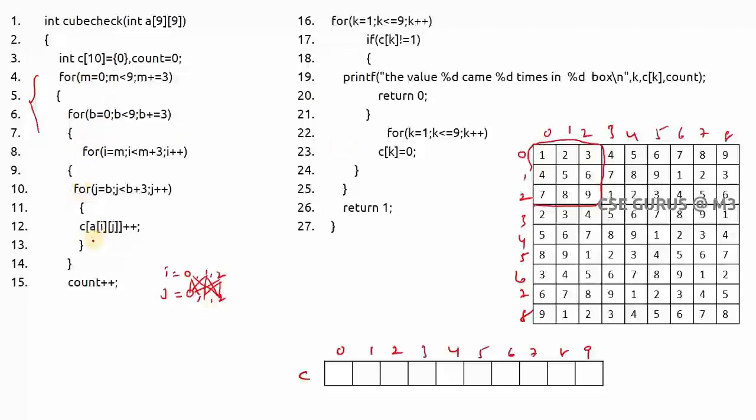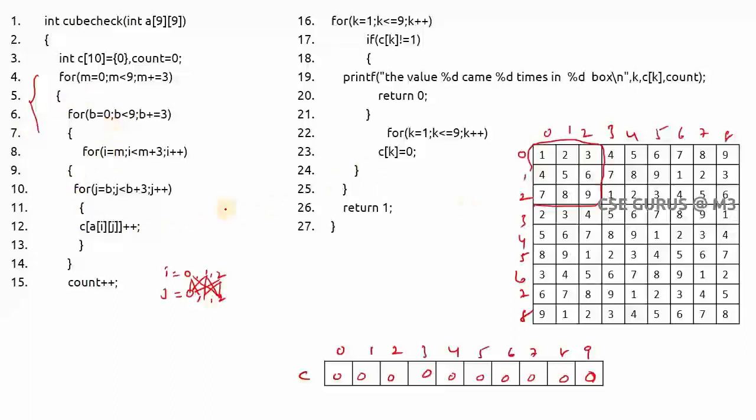Again checking the same thing we did previously: C of a of ij, initially all are zeros, for k equals 0, k less than or equal to 9, k plus plus. C of k is not equal to 0, yes, failed, so that returns 0. Else, of course, again the same thing I have done, and I am going like this.